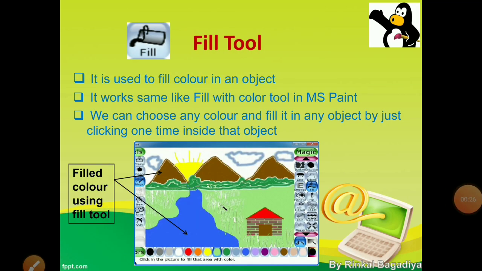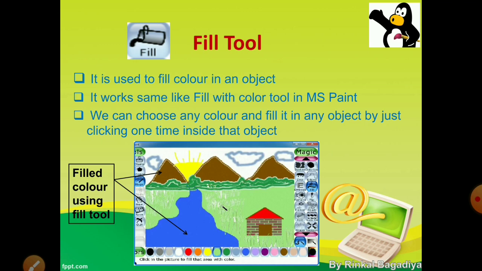Now children, our next tool is the fill tool. The fill tool is the same as the fill with color tool in Microsoft Paint. It is used to fill color in any object. It works the same as we studied. We can choose any color and fill it in any object by just clicking once inside that object.